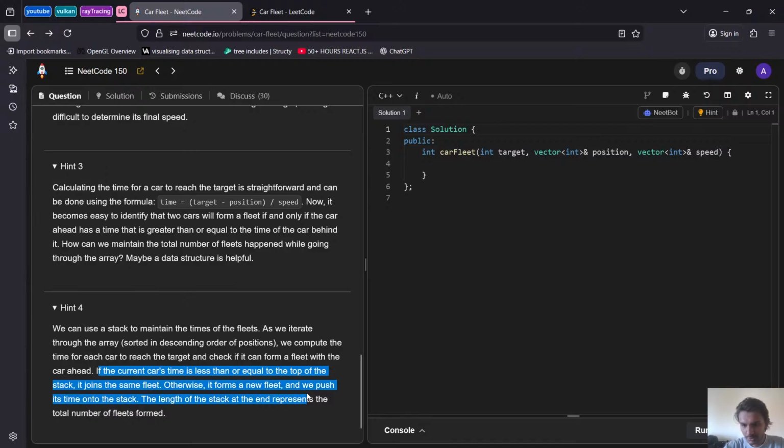Otherwise, it forms a new fleet, and we push its time to the stack. The length of the stack at the end represents the number of fleets formed.